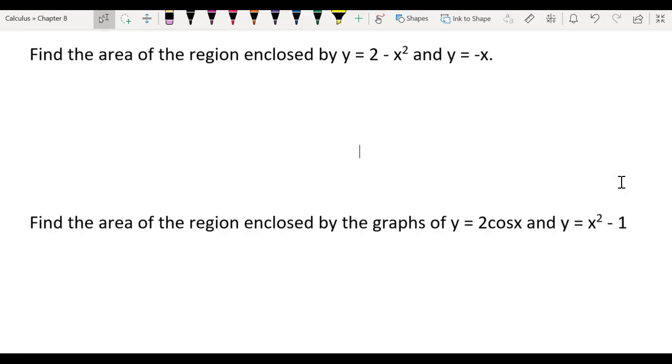Use the x coordinates. So -1 to 2 is what we're using. So then that's telling us that we are going to integrate from -1 to 2, 2 minus x squared, minus from -1 to 2, a negative x.